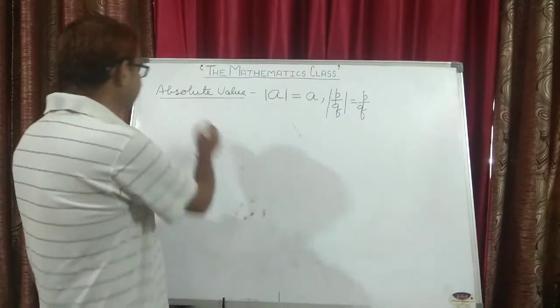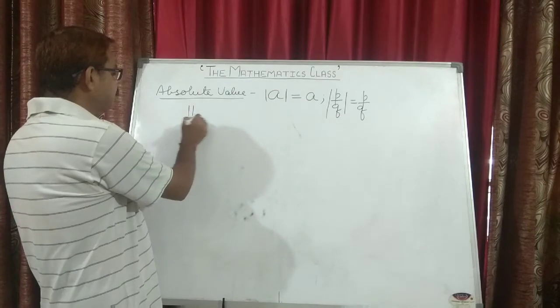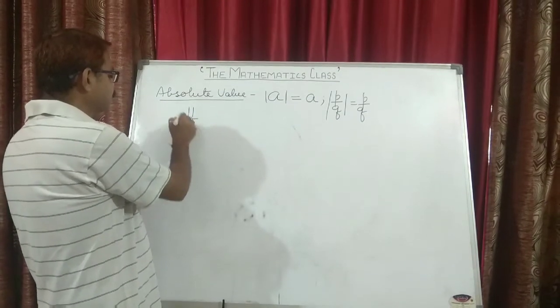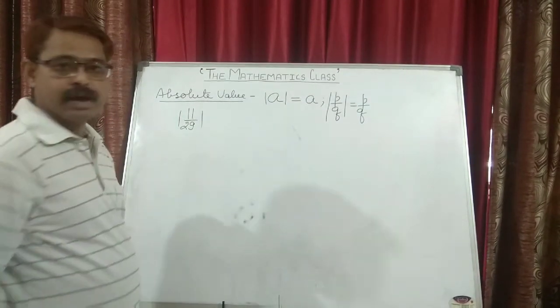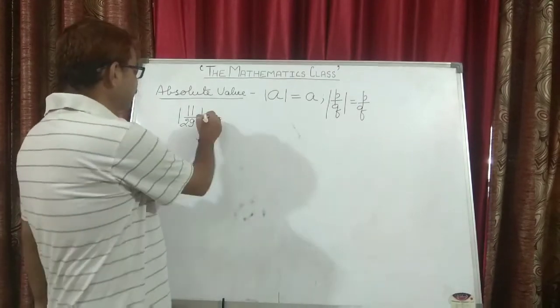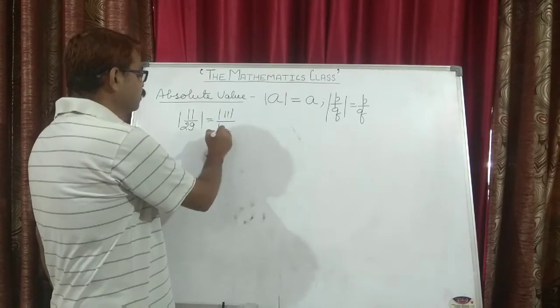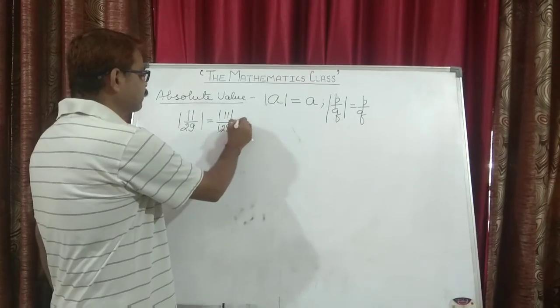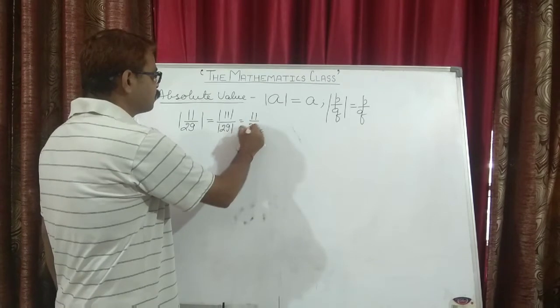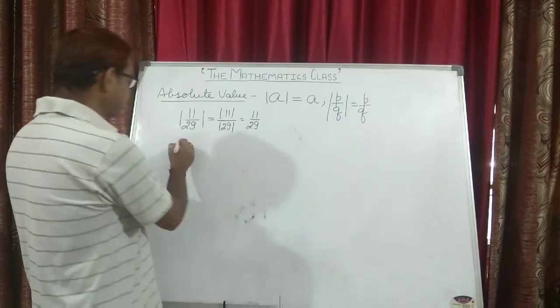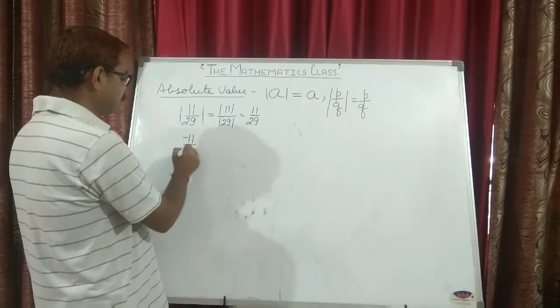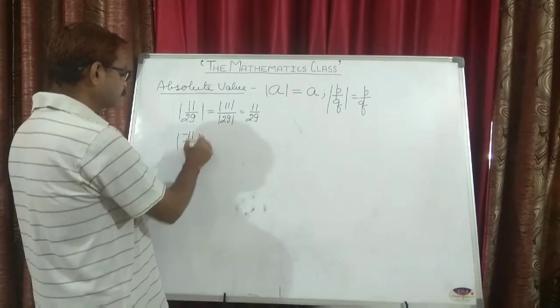For example, I take the modulus or absolute value of 11 upon 29. Absolute value of 11 upon 29 can be written as mod of 11 upon mod of 29. So the final value is again 11 upon 29. Suppose I take minus 11 upon 29.